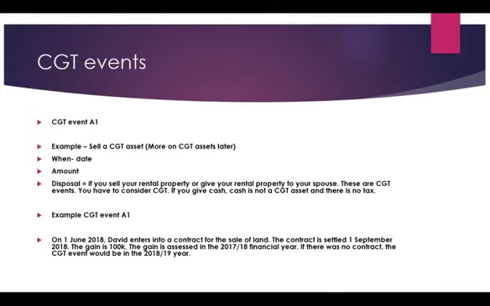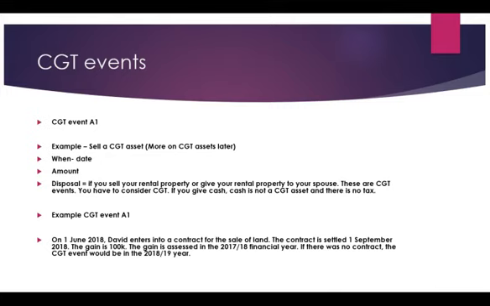What happens though if there is no contract? Then it's when the physical ownership occurs and it gets transferred. So on the date that the property or the shares get transferred to your spouse, to your wife, to your children, it's the date of transfer if there's no contract.